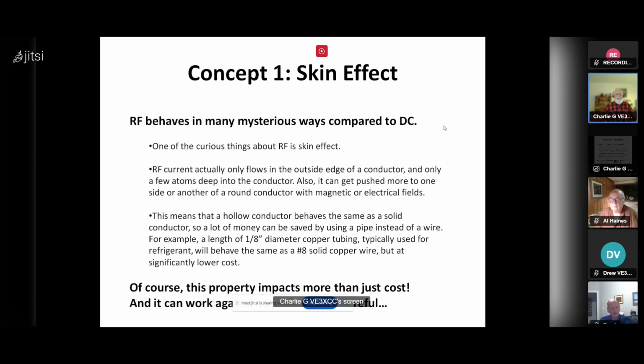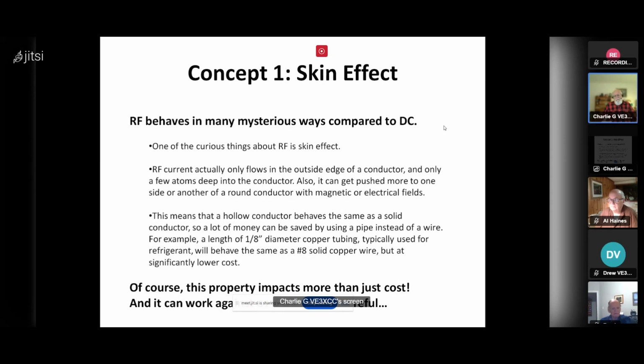So it's really just on the skin of that conductor. It can also get pushed more to one side or the other of a conductor with magnetic or electrical fields. If there's nothing going on, it'll be fairly equivalent all around the edges of a round conductor, but if there's an electrical field, it might get pushed to one side.